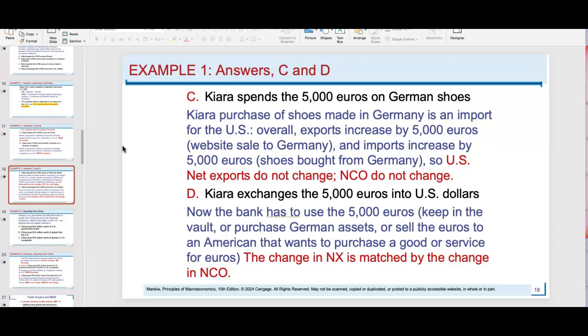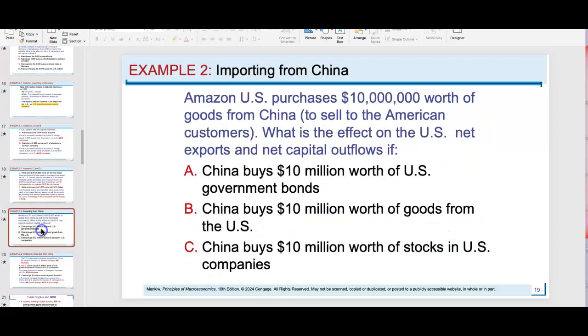I know D can be a little bit more tricky, but it's kind of like the one where she decides to buy the shoes. I'll leave you to go through the example of imports from China, but it's exactly the same reasoning. When we're exporting, we're receiving the money from the foreign country, right? If we're importing, it means we're purchasing from China.